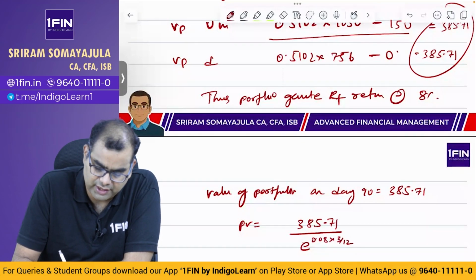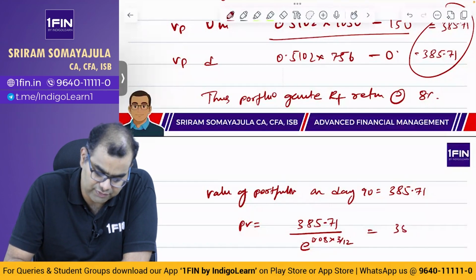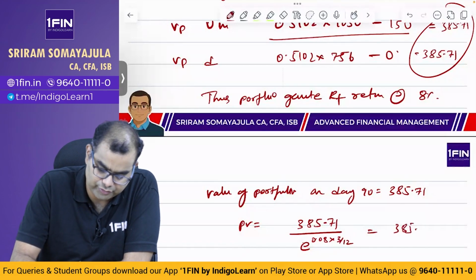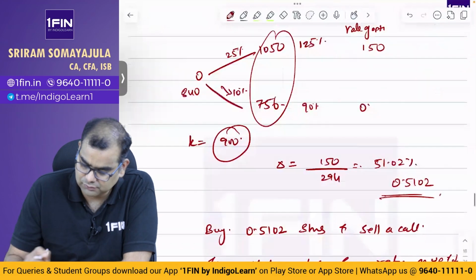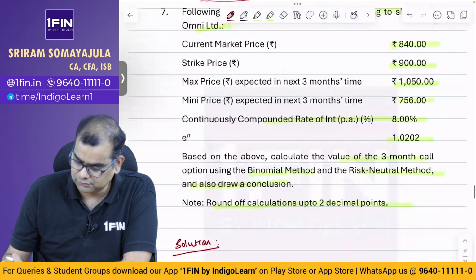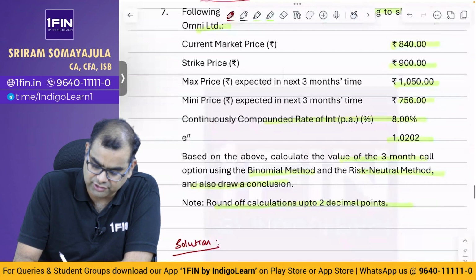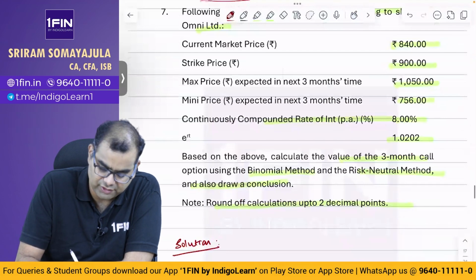So 385.71 divided by the e power RT value they gave, 1.0202. So present value is equal to 378.074, the PV of the portfolio.